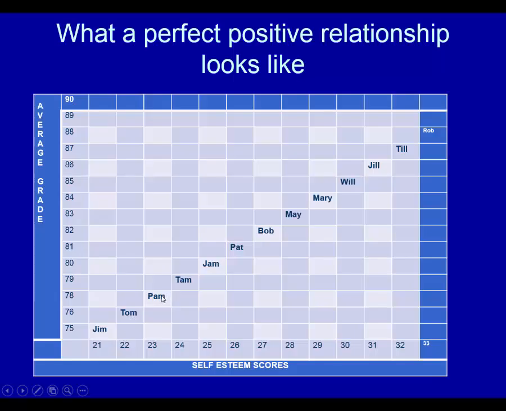Tam is higher than Pam on both. Jam is higher than Tam on both. And the same pattern holds throughout the entire list of people, suggesting a perfect positive relationship. If you're higher on one than someone, you are higher than them on the other.